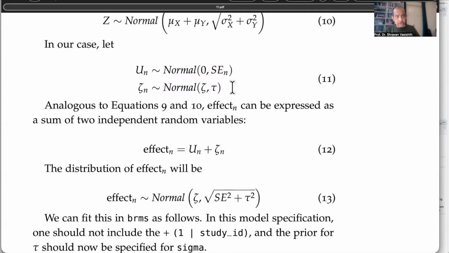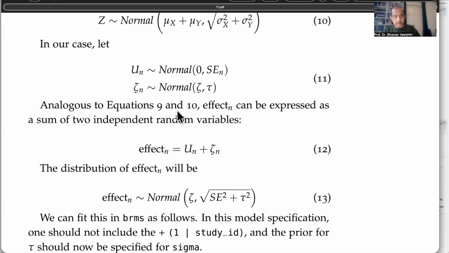So using the equations I just showed you, the relationship when you have x plus y and you create z, z is now this sum of two terms, that is the zeta sub n's. So the expectation of zeta sub n is zeta, right? And the expectation of u sub n, the adjustments to the intercept, is 0.